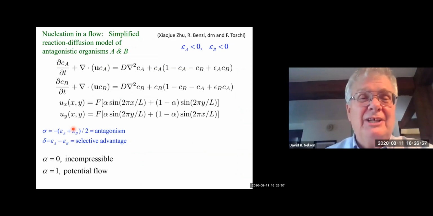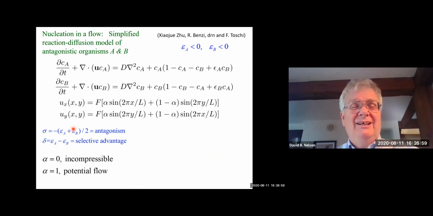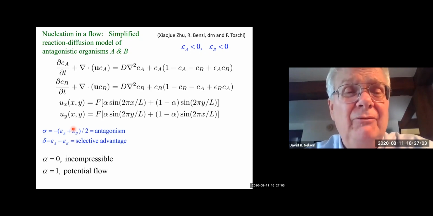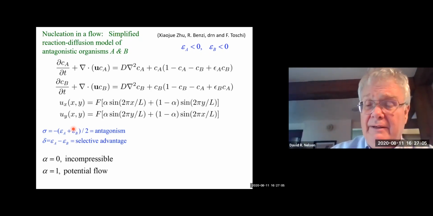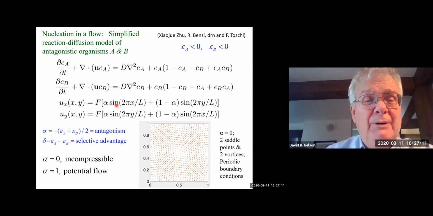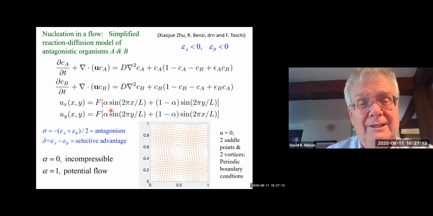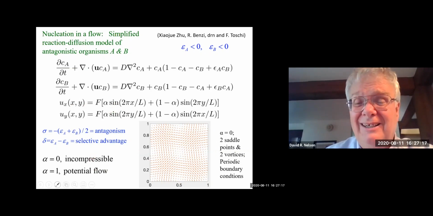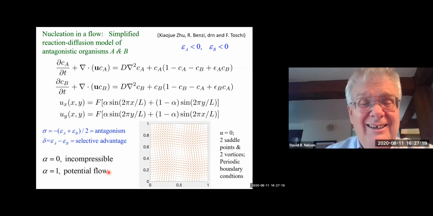Here's a set of reaction diffusion equations where we'd love to put in a turbulent velocity field, but here we're just going to put in something very simple. It's a cellular flow. It's a steady flow given by these components. We can tune it to be compressible, incompressible, whatever.